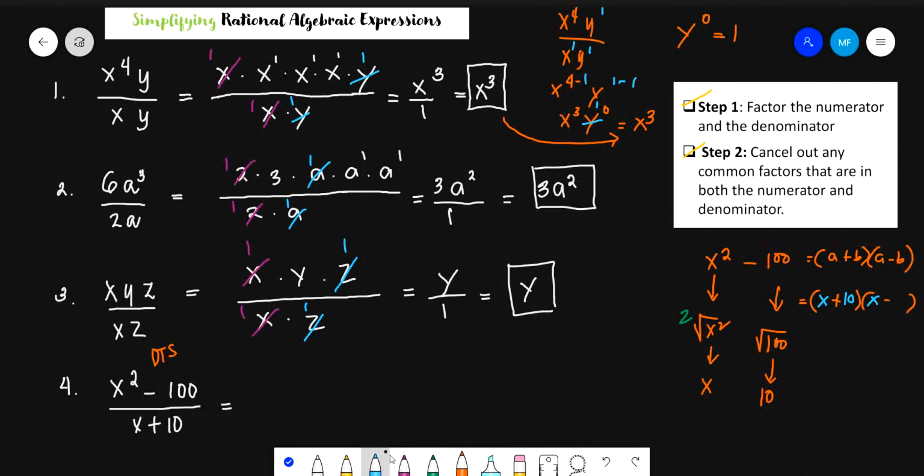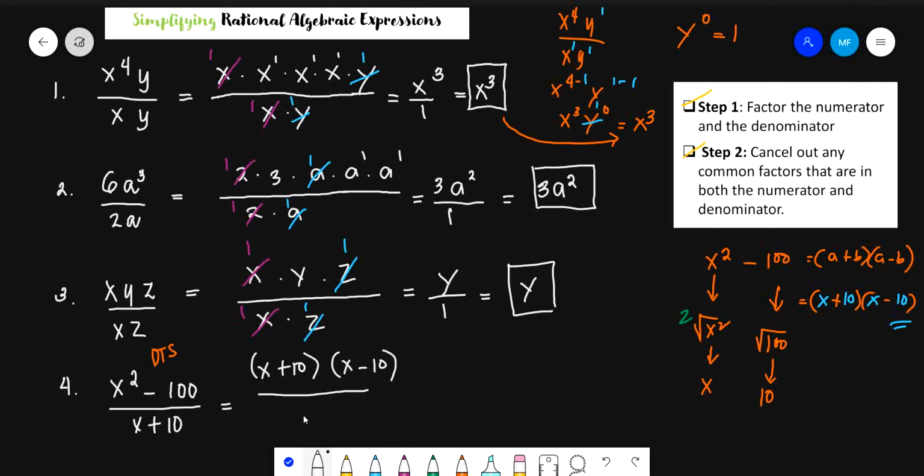That is 10. Susulat mo lang ng sum at difference. So, ito na yung ating factored form. Susulat natin dito. So, we have here, so, x plus 10, and then x minus 10.